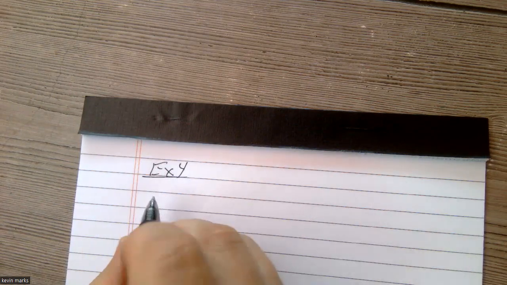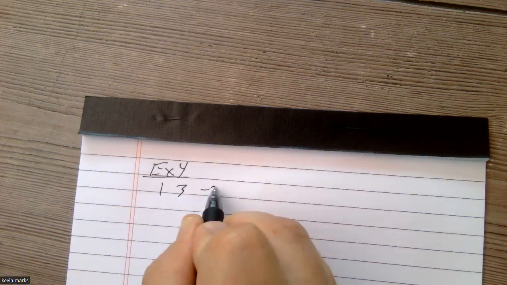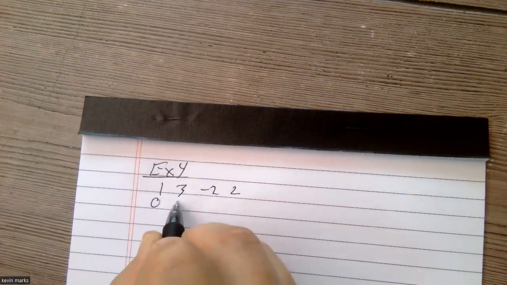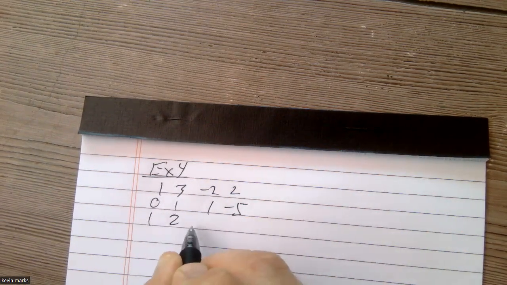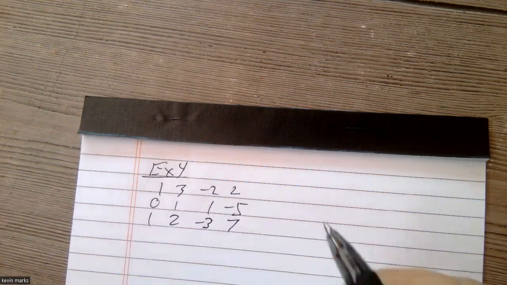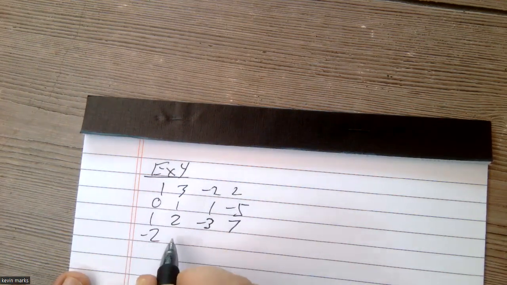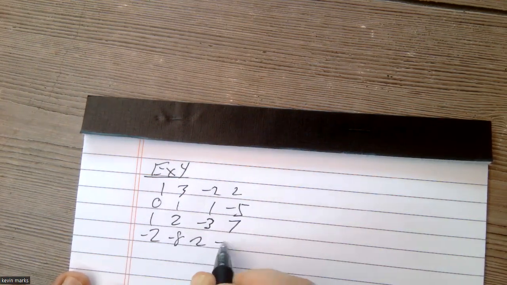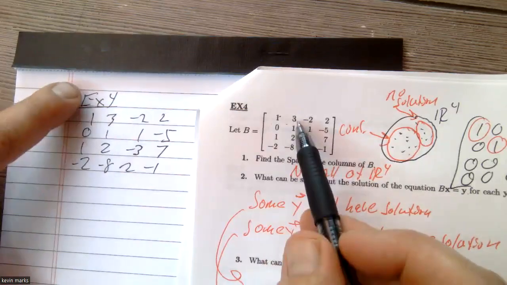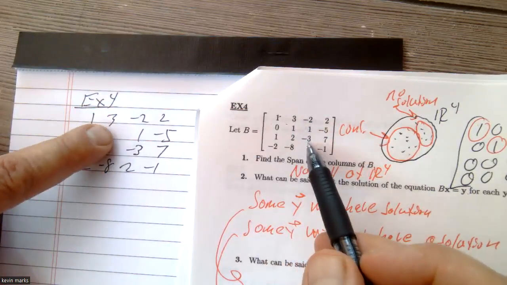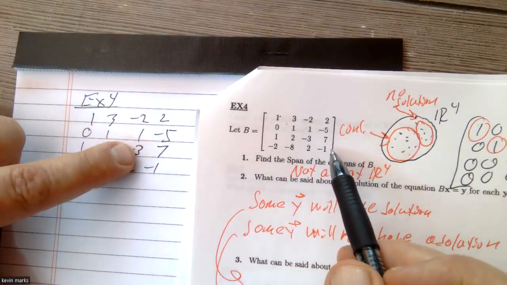Silly mistakes. 1, 3, -2, 2, 0, 1, 1, -5, 1, 2, -3, 7, then -2, -8, 2, -1. Whew. That's the bad thing about these matrices. It's so hard to copy down sometimes.